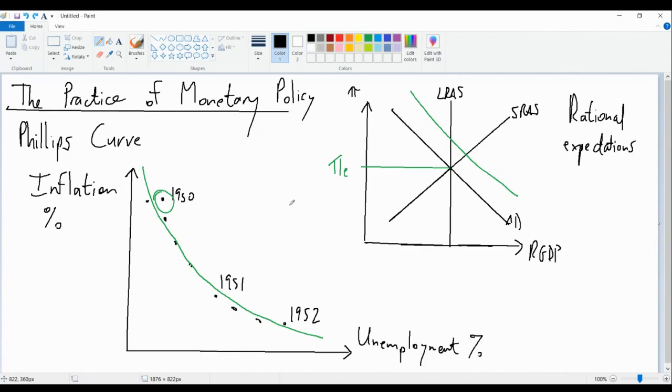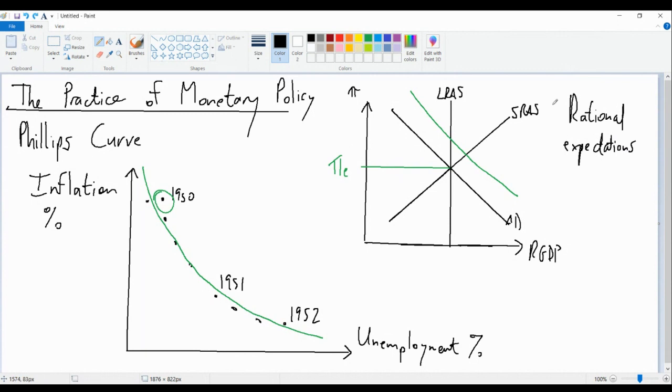And when you and I are trying to forecast inflation, we're rational. That means we're using all the available information to make that forecast. That includes information about the past, right? Like what we've seen the Fed doing, what we've seen in inflation. But it also reflects information about the future.